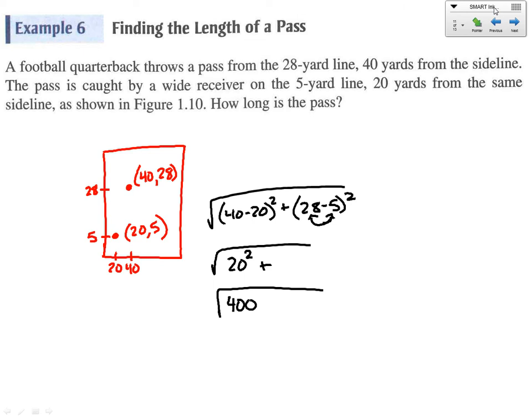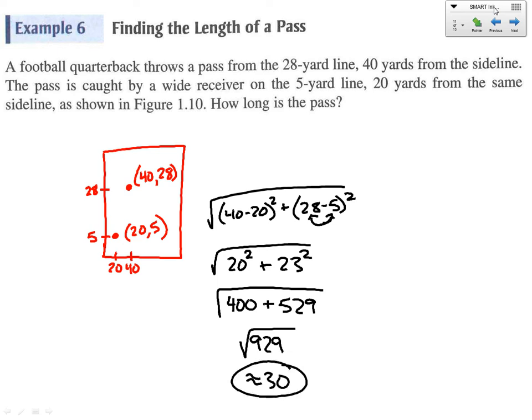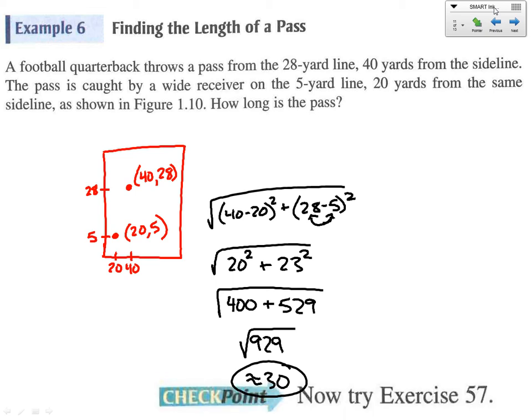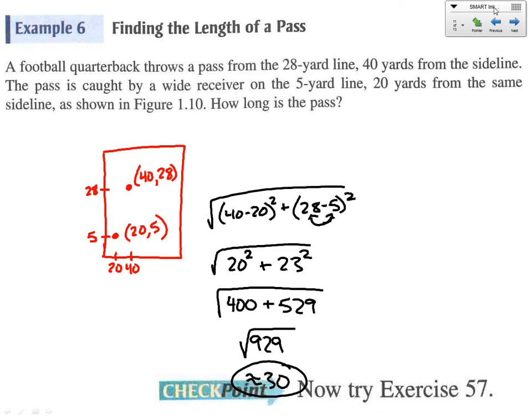I don't think so. Let me go check what it says in the book. 529 is what we've got. That's a total of 929. Take the square root of that, and you get just about 30 yards. Okay? All right, so you're up on this one, problem 57.